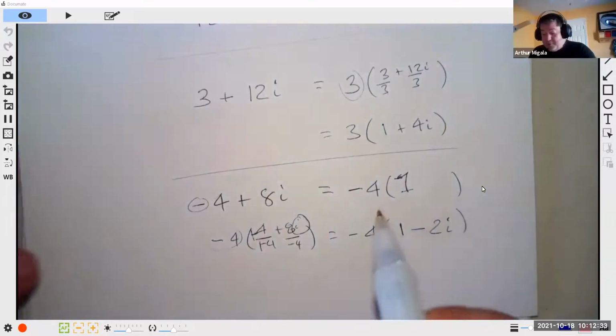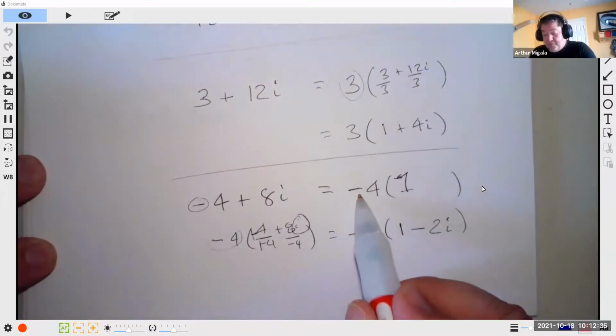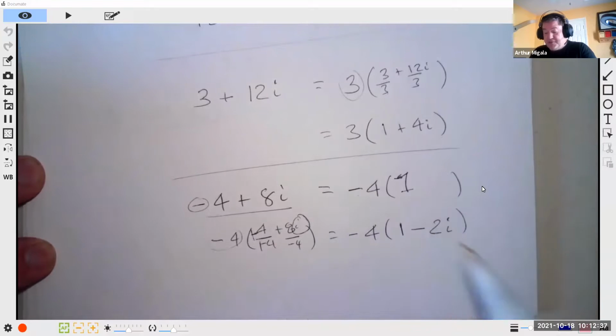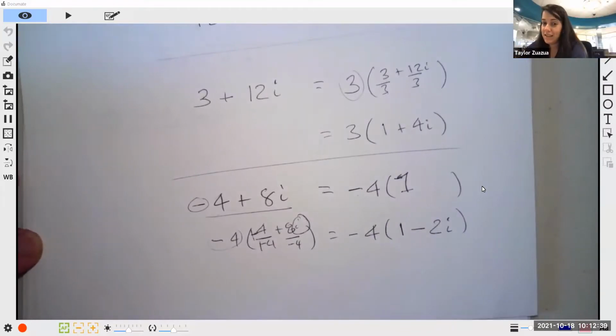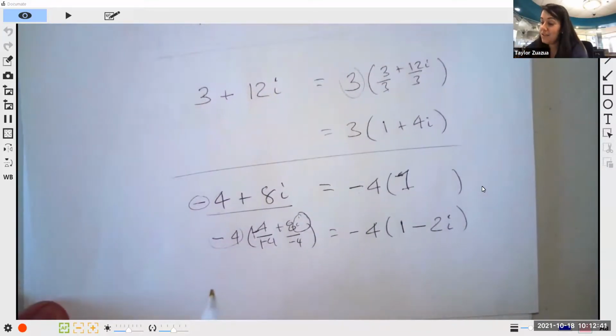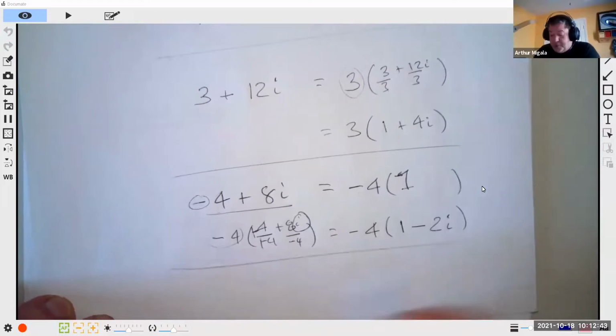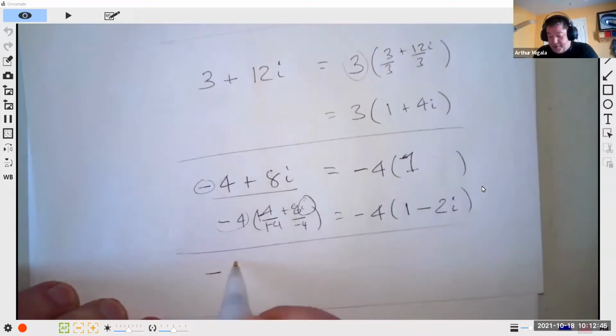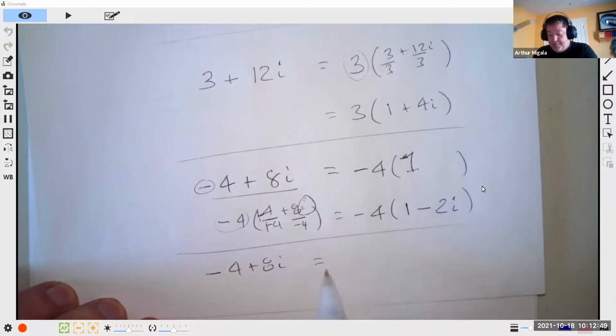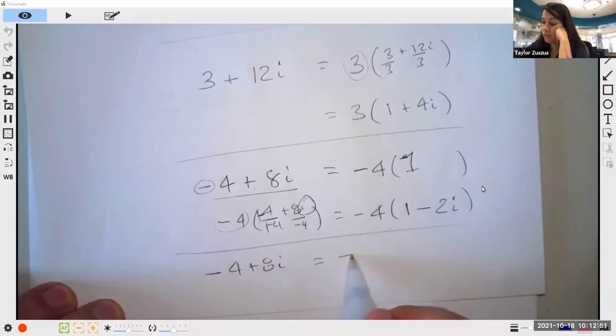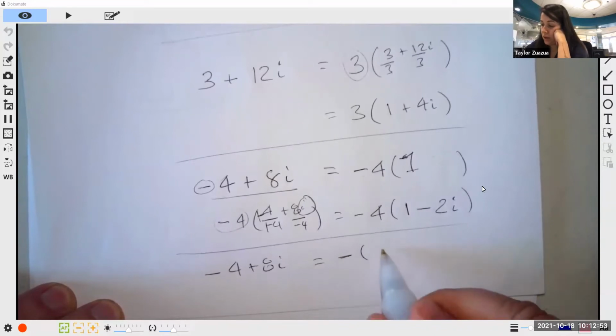So basically, whenever you factor out a negative, it changes the signs of both numbers inside there. Well, actually, we could have done it two ways. Remember, I try to preach doing the signs and numbers separately. We could have first taken out the negative.